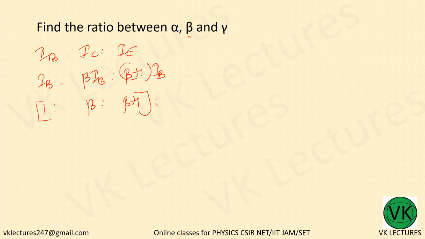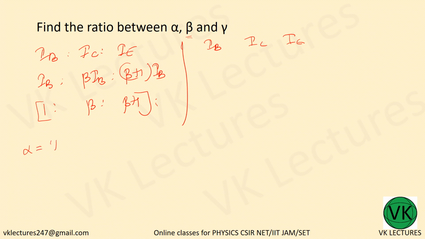But this may not be asked because this is very easy. Okay. Now this is in terms of beta. Let us see in terms of alpha. So here also you can start writing IB, IC and IE. So you need in terms of alpha. What is alpha?